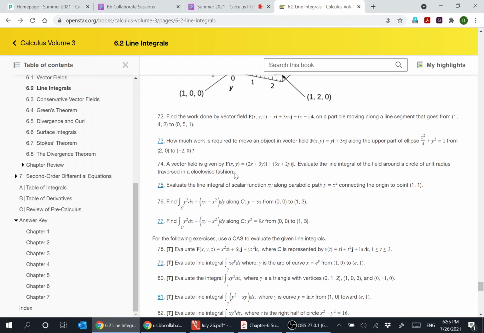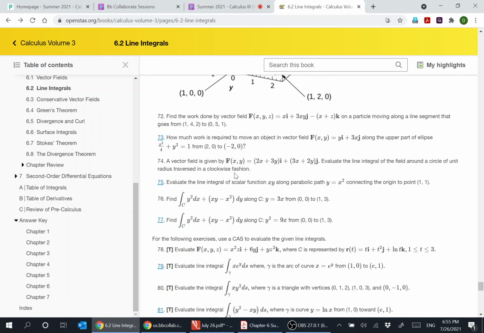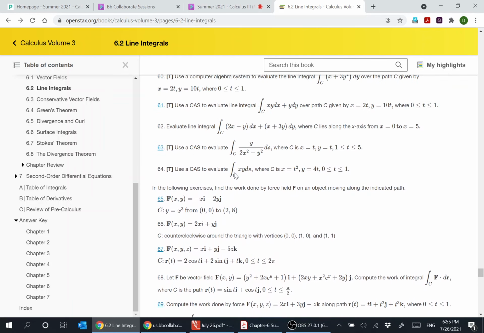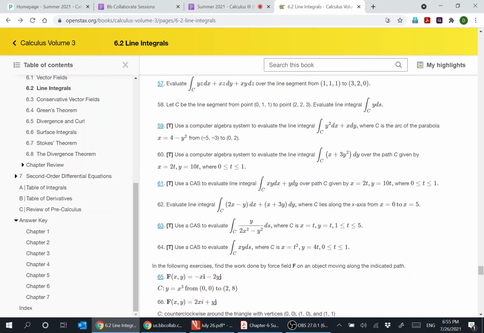Now notice that you can't apply Green's theorem here because the curve is not closed. You can't apply Green's theorem to this because the curve is not closed. Nor can you apply the fundamental theorem of calculus for line integrals because this is not conservative.